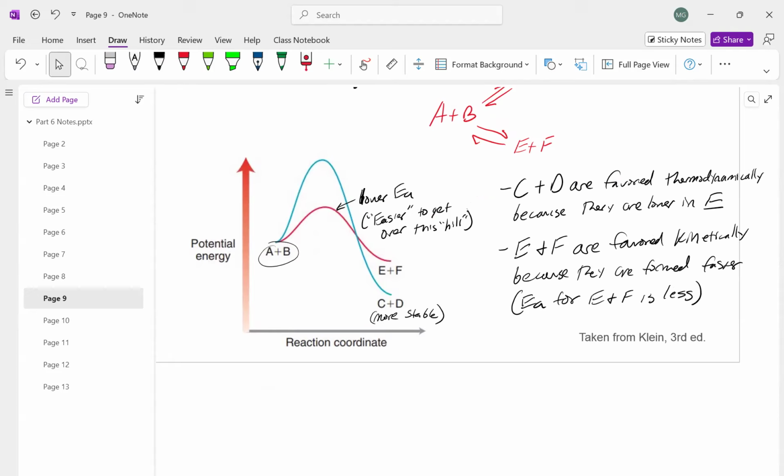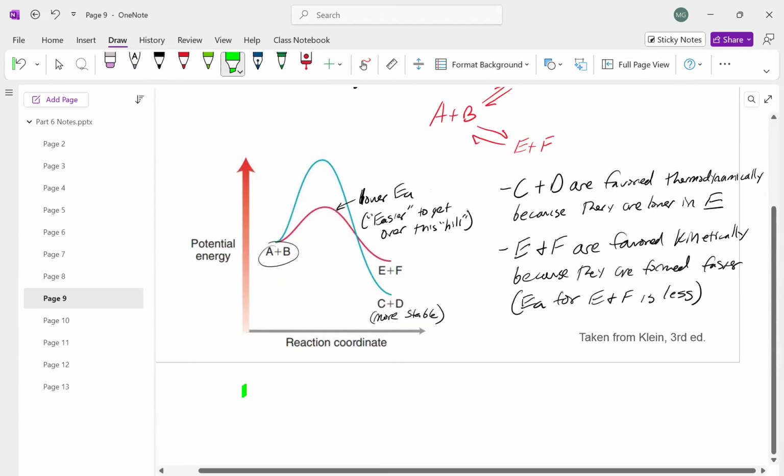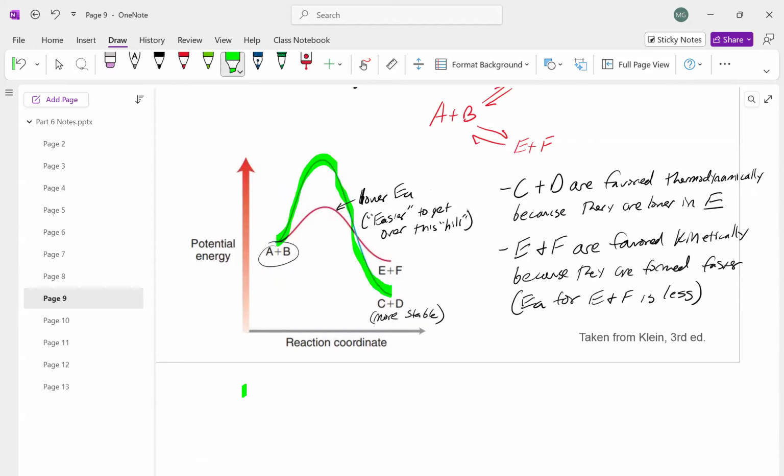Heat is a form of energy. So if I heat A and B up really hot, it has enough energy to get over this top hill. Why would it want to go over that top hill? Because it ends up making the more stable products.